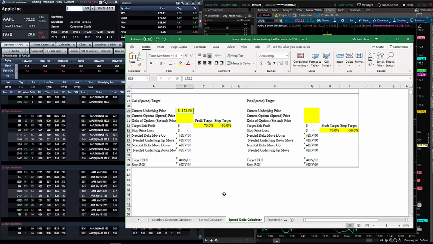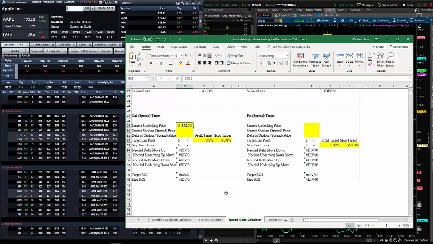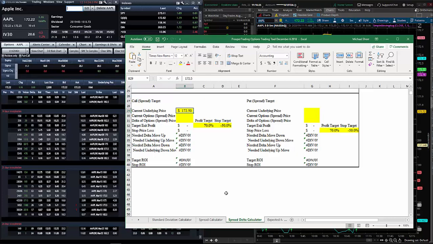Remember, in all of my computational spreadsheets, you can type in yellow areas, don't type in white ones. If you type in the white ones, you're most likely going to take out a formula or a reference cell, and then you're going to mess up the whole thing.